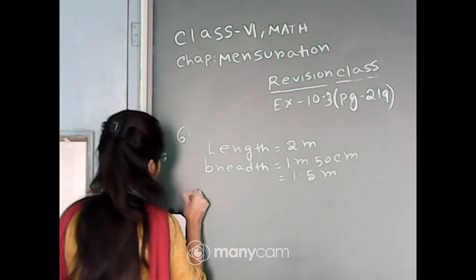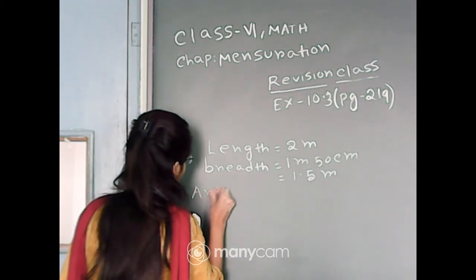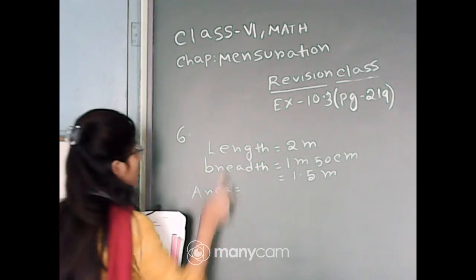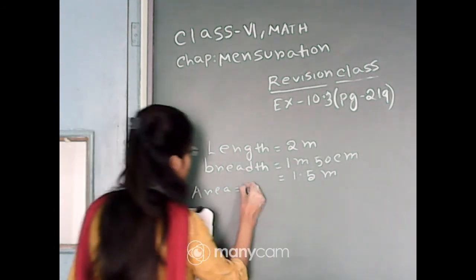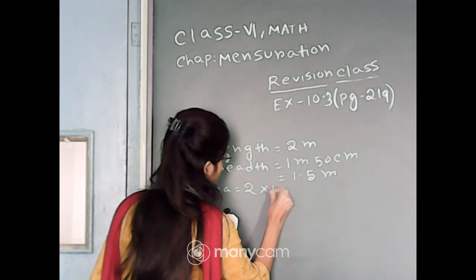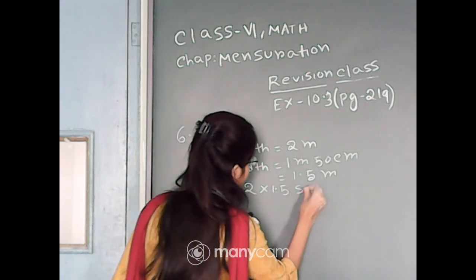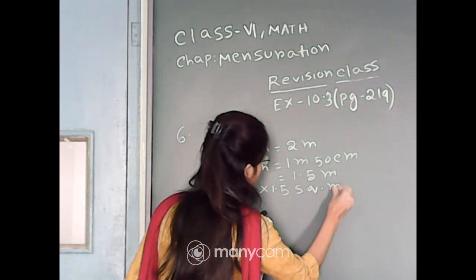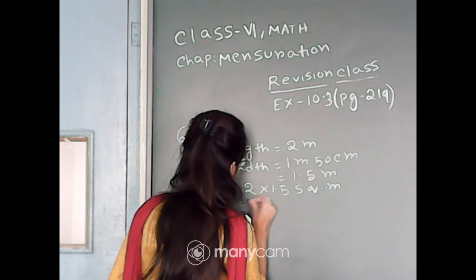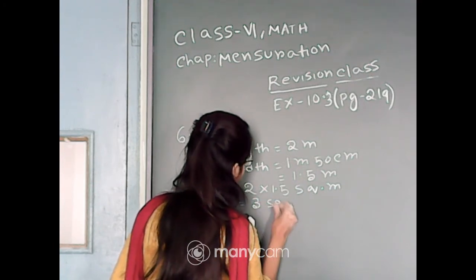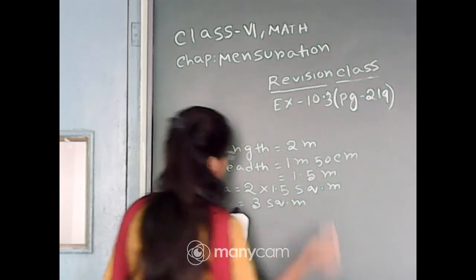Therefore, area of the tabletop is equal to length into breadth, that is 2 into 1.5 square meter. Okay, and the answer is 3 square meter.